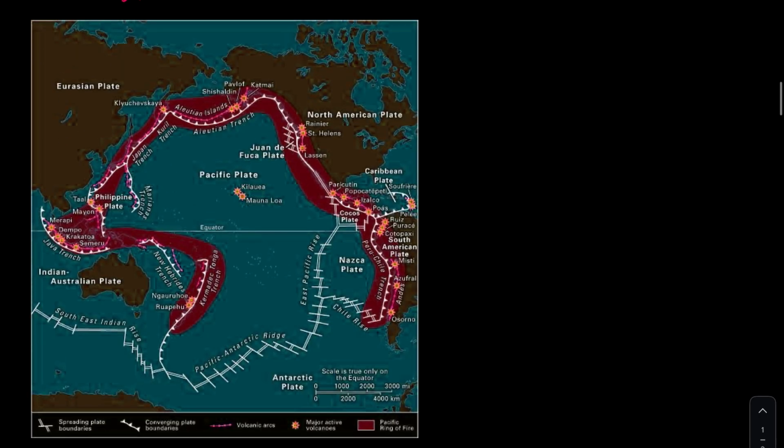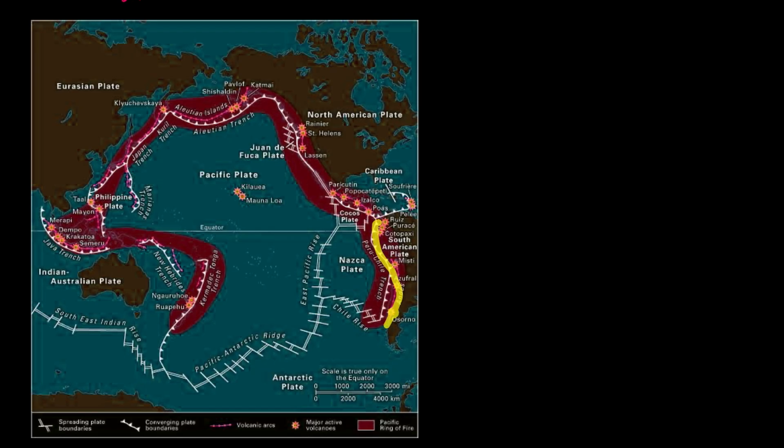So this is a representation of the Pacific Ring of Fire. Over here you could see the Aleutian Islands, which have volcanoes, and here is Shishaldin, which is in Alaska. Then we have Saint Helens in USA, and Mount Rainier also. This is from the Juan de Fuca plate. Then Popocatépetl, which we have also read.